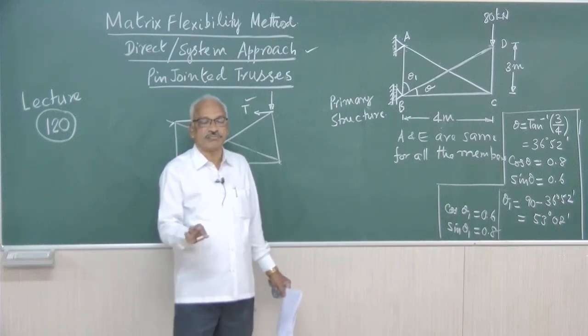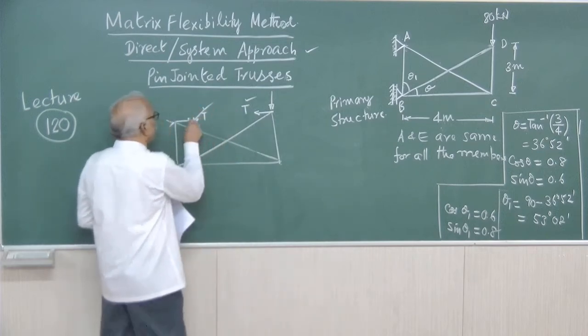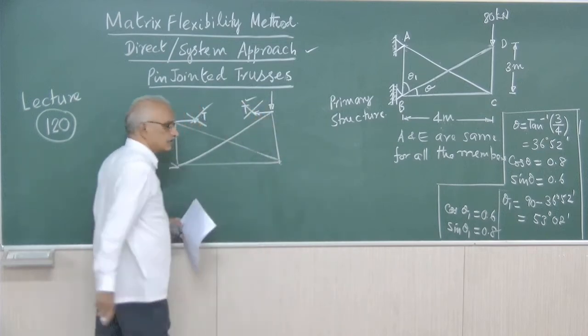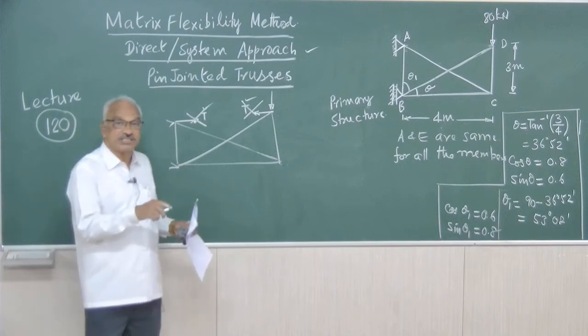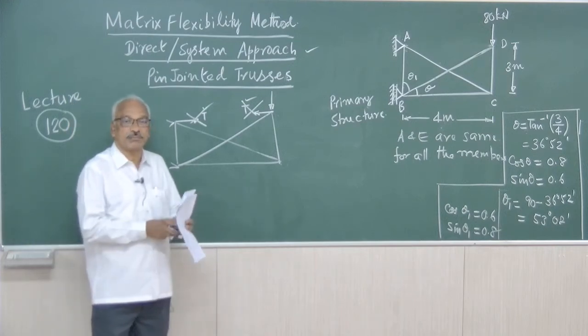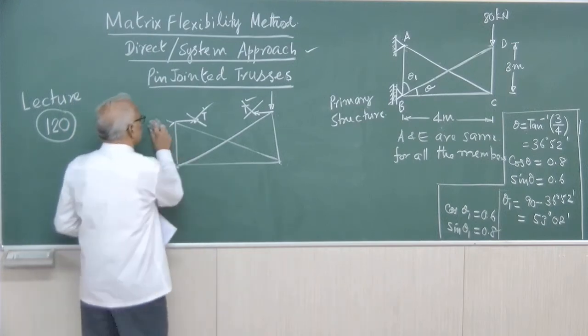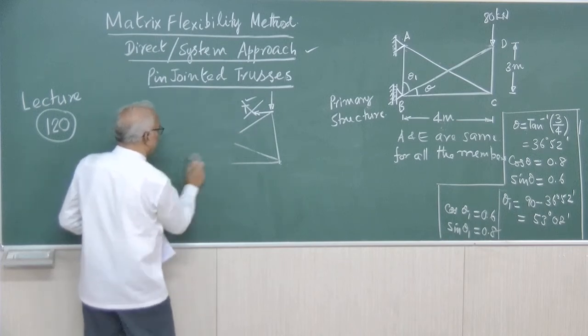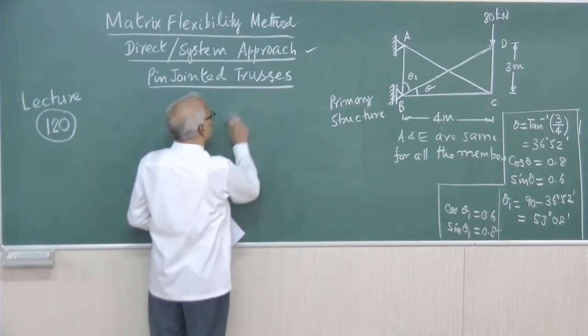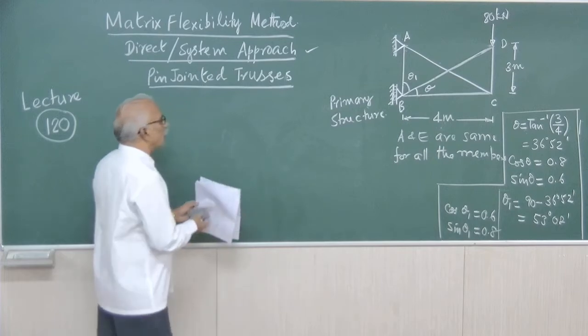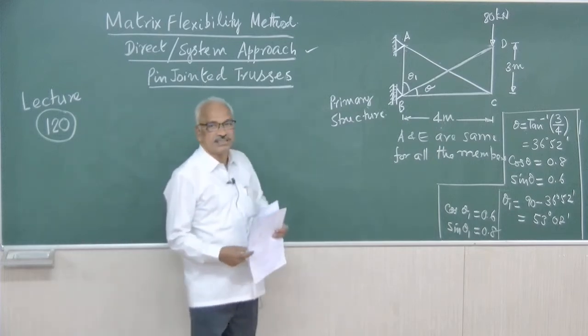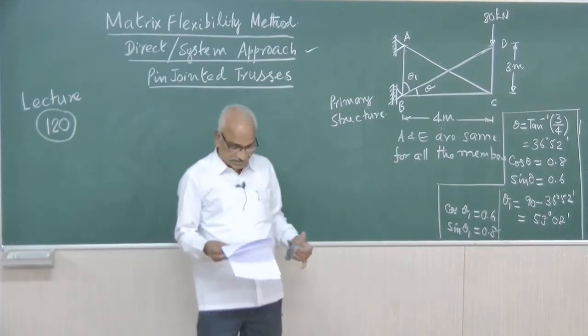Forget about the redundant force now. Do not include it as in the strain energy method. So, we must know the change in the procedure between both methods. Right. Now, this we are not doing in the current method, in the matrix method. Now analyze that by method of joints.